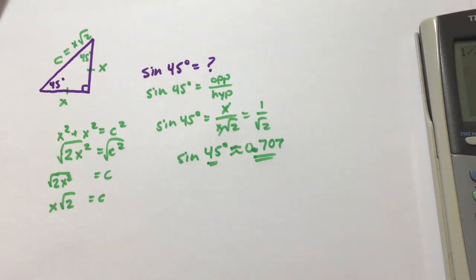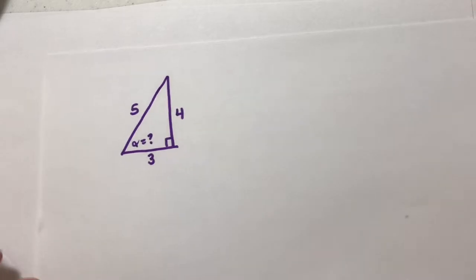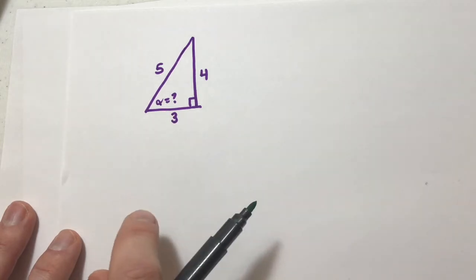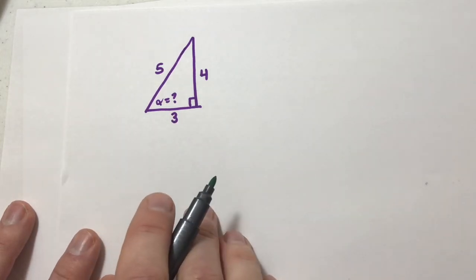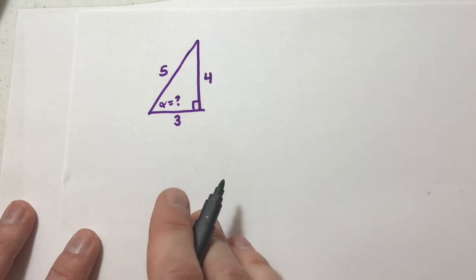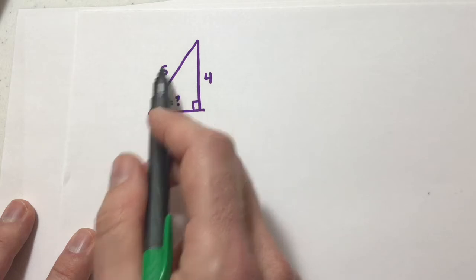Okay, now I want to go the other direction. What if we're looking for an angle? So what if I have a right triangle, a 3, 4, 5 right triangle, and I'm trying to find out what is that angle right there? Well, I could use some different trig ratios that I know. I know sine would be opposite over hypotenuse.